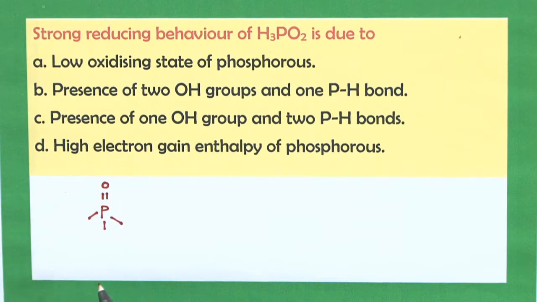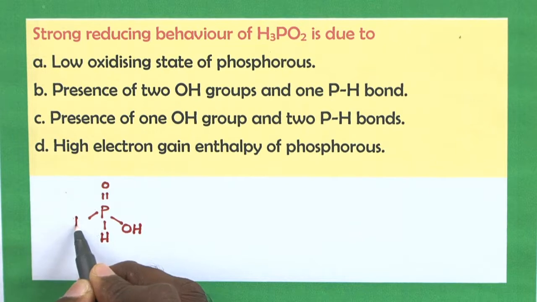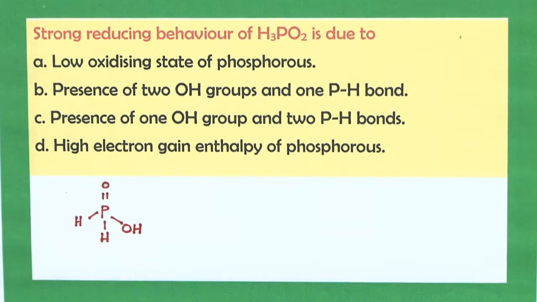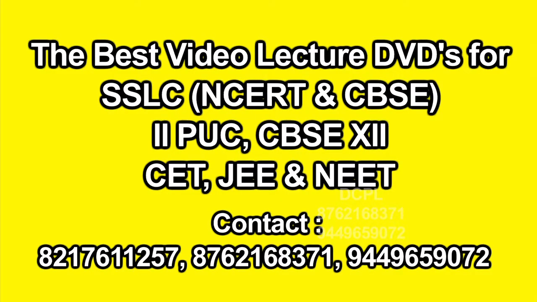I have already used one, I will use one more. There are 3 hydrogen atoms remaining. I write it as 1, 2 and 3 in this. In this structure, if you observe, phosphorus is surrounded by 2 P-H bonds. It has one double bond oxygen and one OH group attached to it.